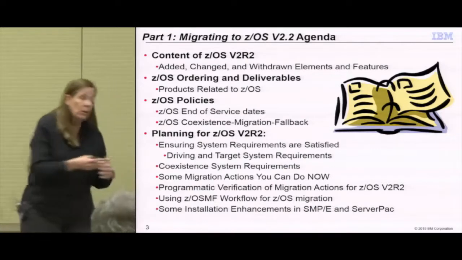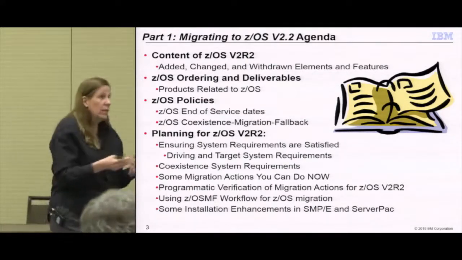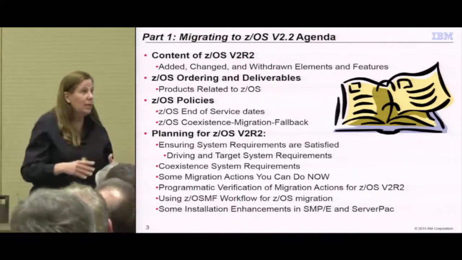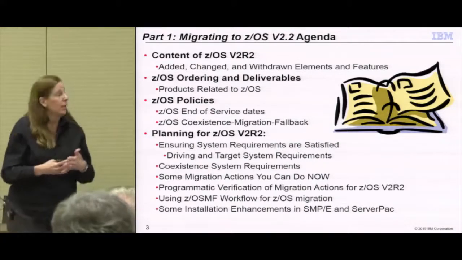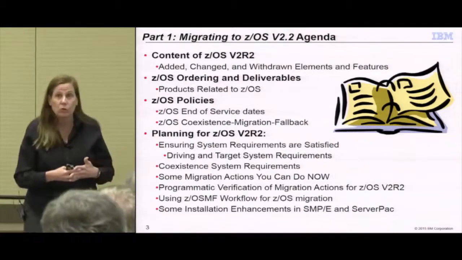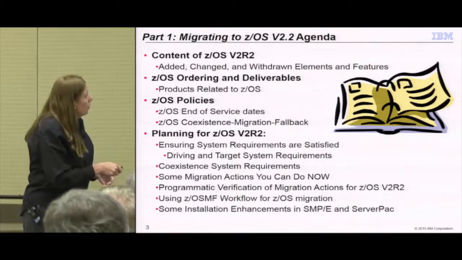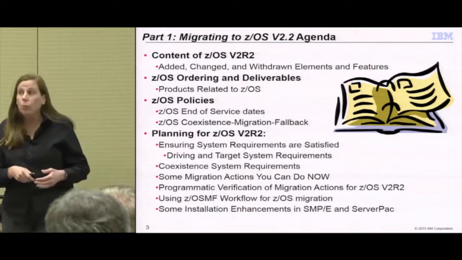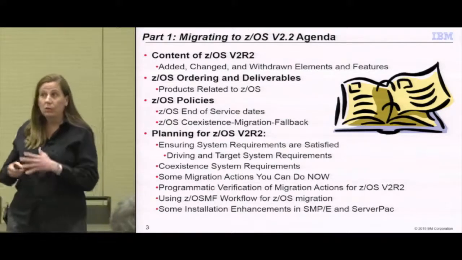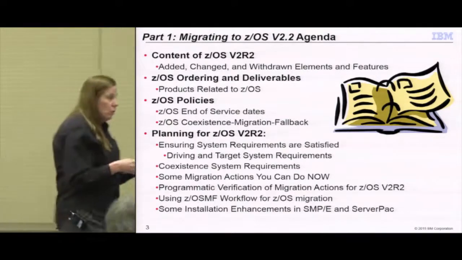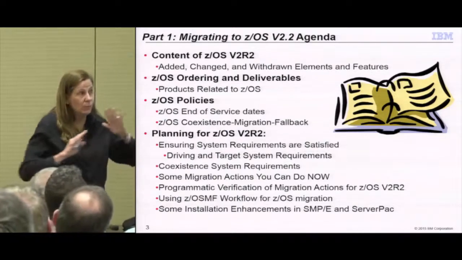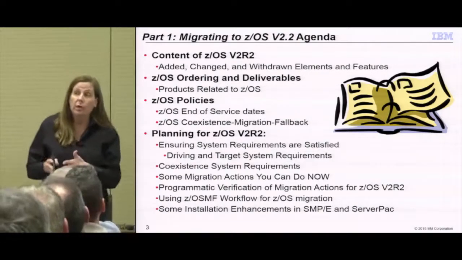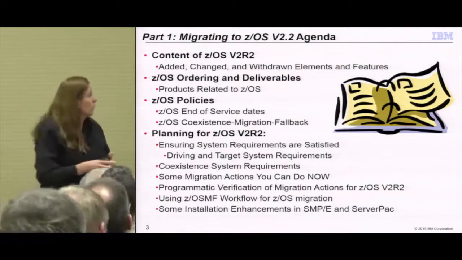And you guys should all know, when I say the word programmatic verification, what comes to your mind is health checker, right? Okay, so we've got health checker, a lot of health checks coming in z/OS 2.2 for migration. And also we have using the z/OSMF workflow for migration. Now this is a key thing because, as you know, we provided a workflow previously for z/OS 2.1, but I want to spend some time talking about what we've got for the 2.2 workflow for you as well.